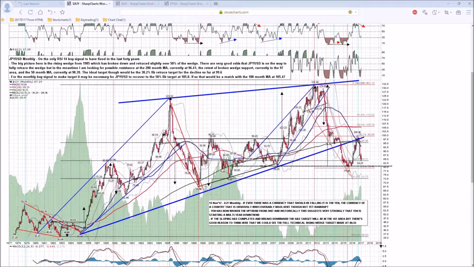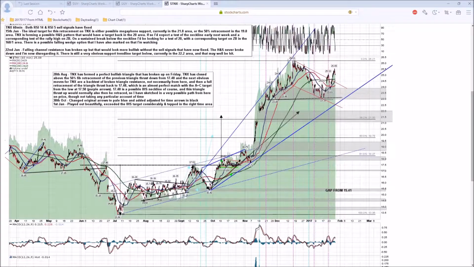Okay, TNX looks like a leading diagonal. Jeff, that's a very good observation. Some of these patterns you can see as an inverted head and shoulders, but you could also see an expanding leading diagonal. I could also see in that pattern a crab pattern, very easily.